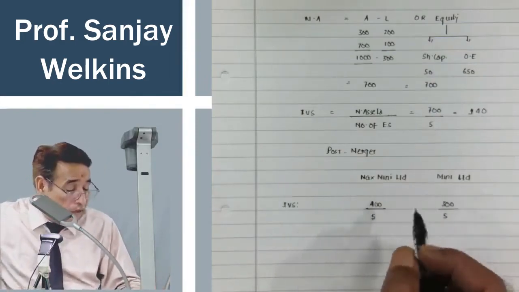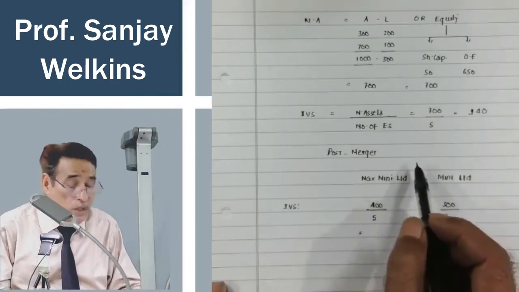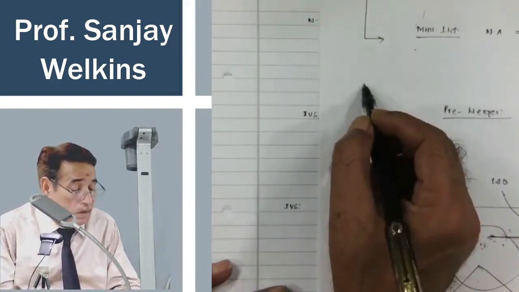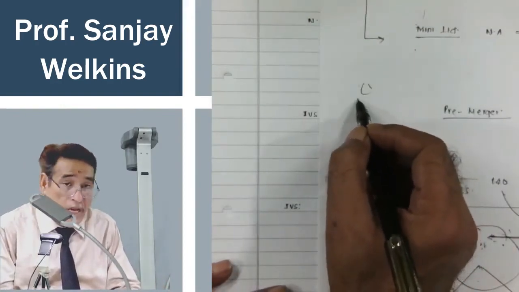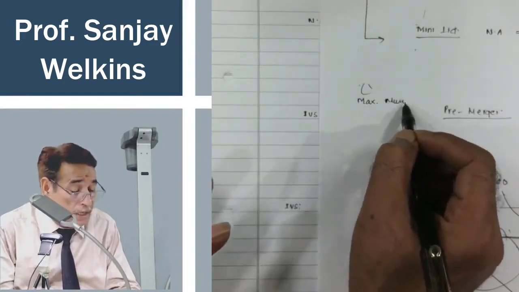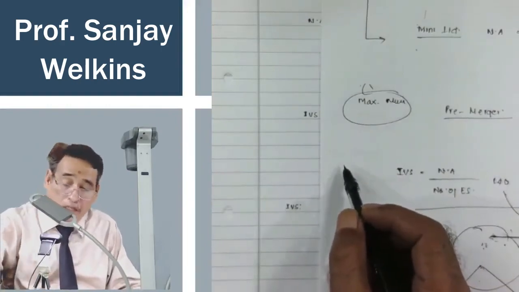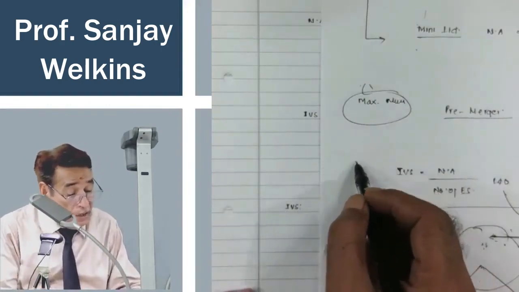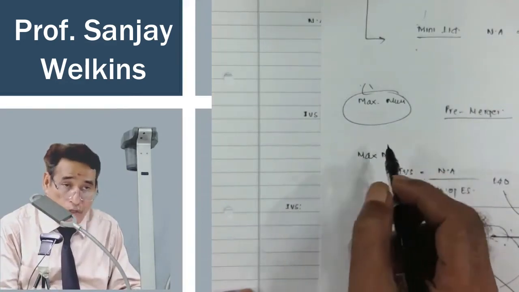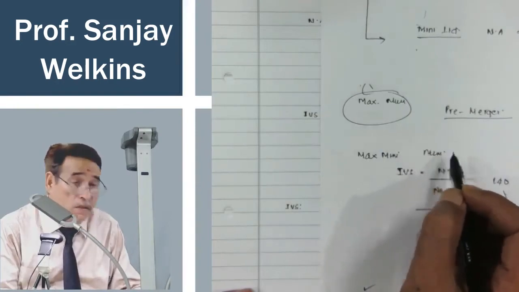Now, shareholder, try to understand, suppose you had invested in Max Mini Limited. Earlier there was only one company, Max Mini Limited. And now you can see that there is Max Mini Limited, although it is having only one division. Besides, there is Mini Limited.